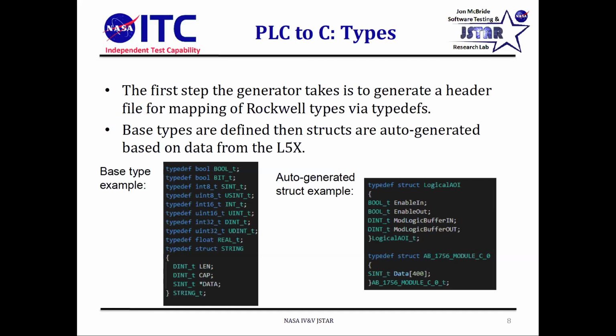Then there are auto-generated types, on the right-hand side, which come from the configuration file from the L5X itself as it's defined, and the Python parses that and then converts it into its equivalent C. Next slide.